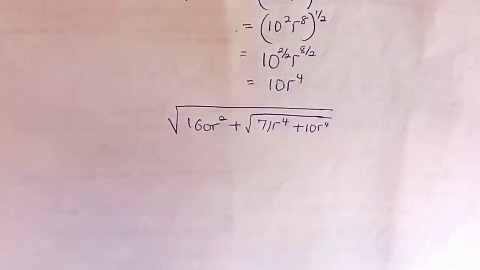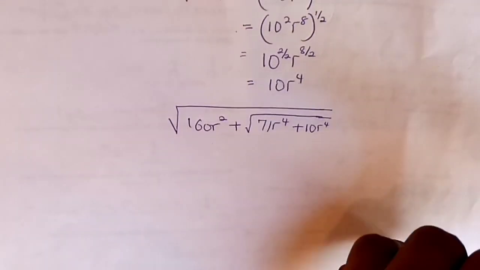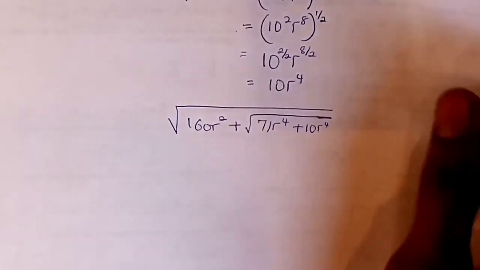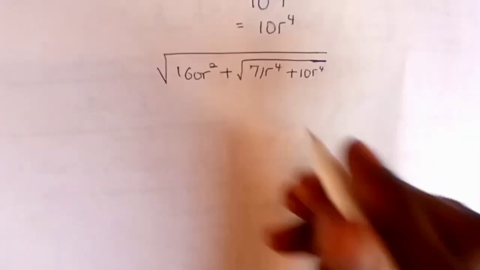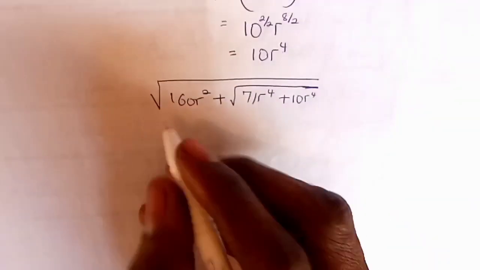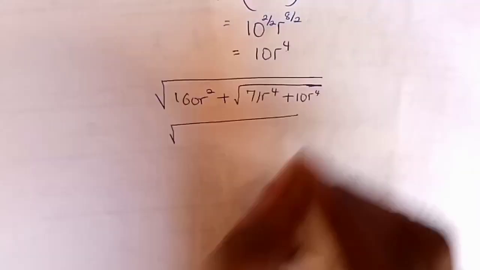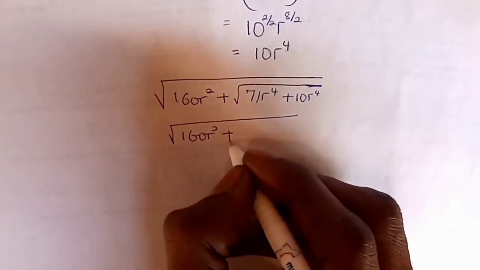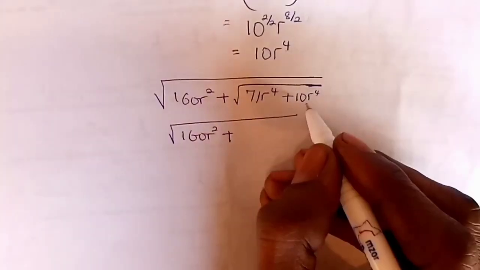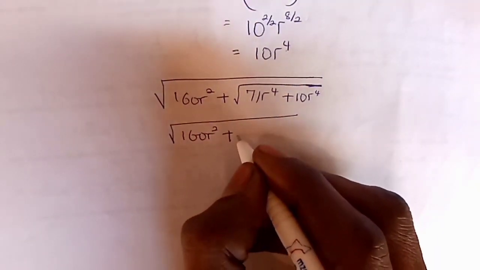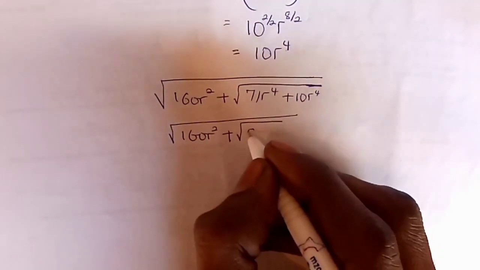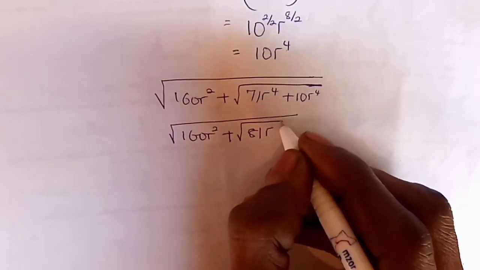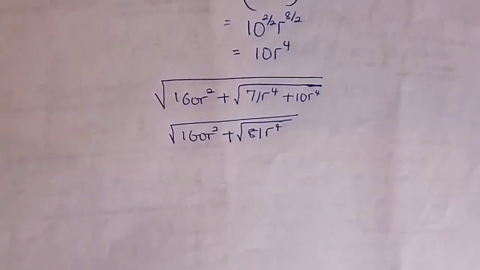So now we have the right to add the values under the same square root, considering the fact that they have the same like terms. So this becomes the square root of 160r^2 plus 71 plus 10, which will definitely give us the square root of 81r^4.